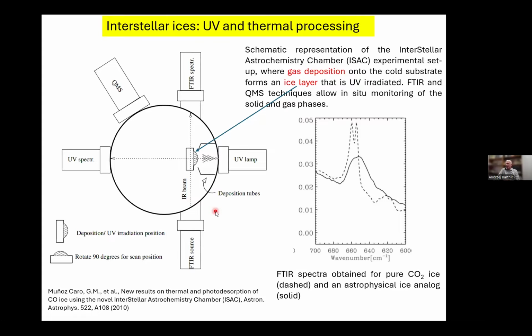Its temperature is at the level of a few kelvins, and on such dust, gases like CO2 or CO, nitrogen, etc., can be deposited, forming the interstellar ices.